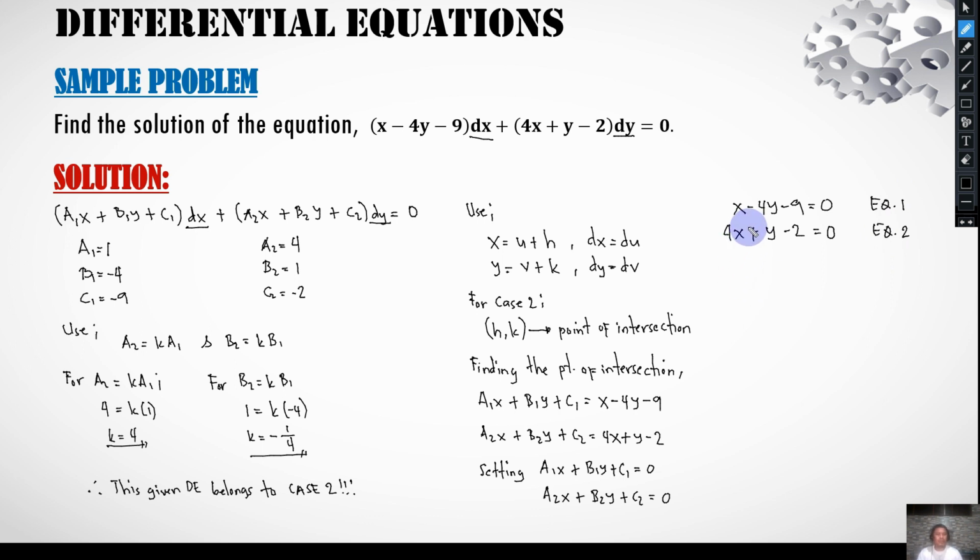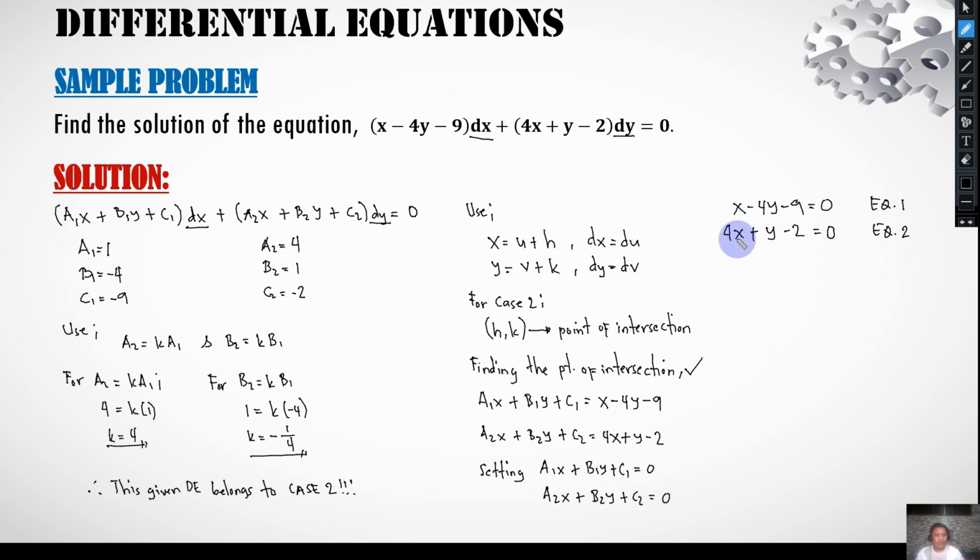Okay? So, paano natin makukuha, no? Since we are going to find the point of intersection, no? Based on these two equations, itong equation 1 and equation 2. So, kunin natin yung x at saka y dito para makuha natin yung point of intersection niya, no?